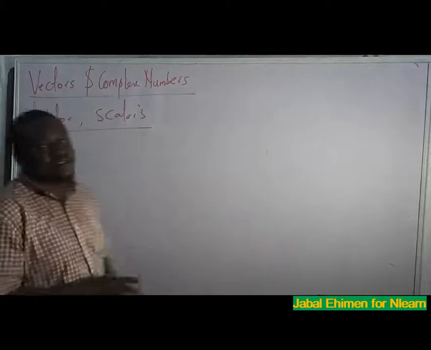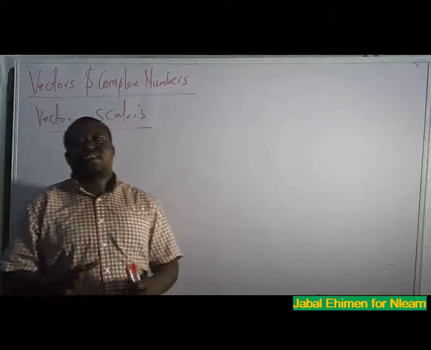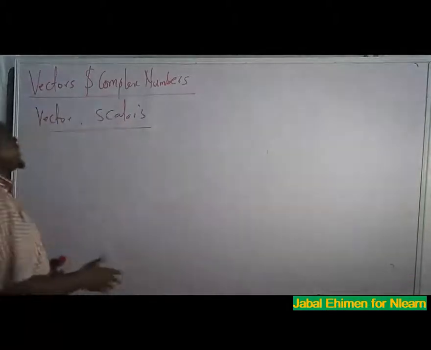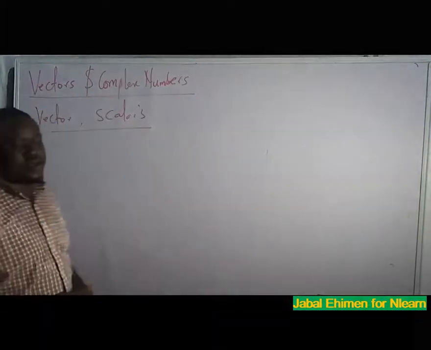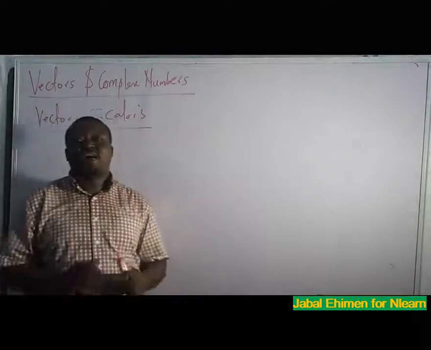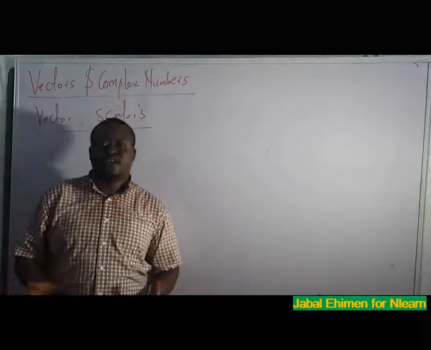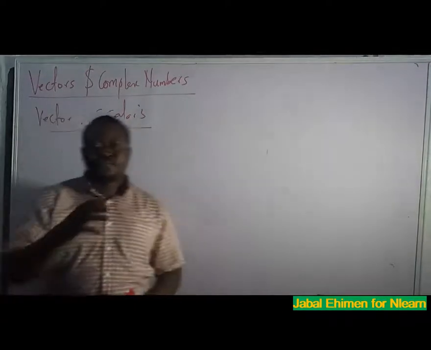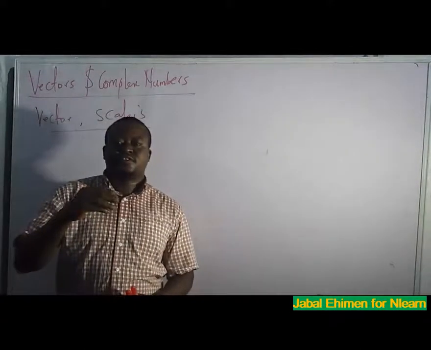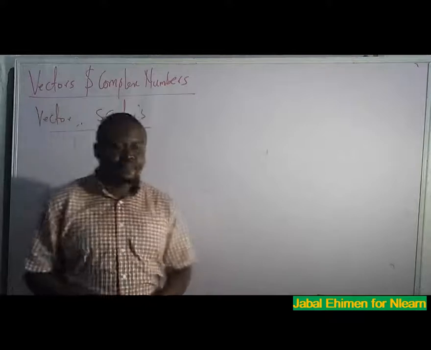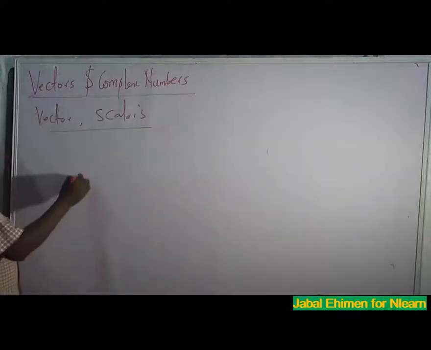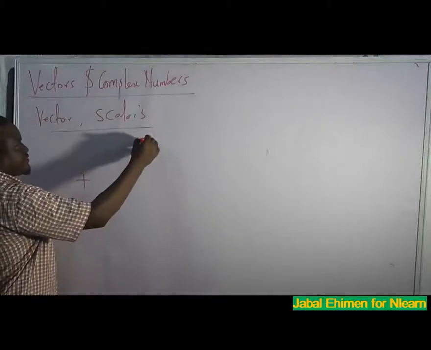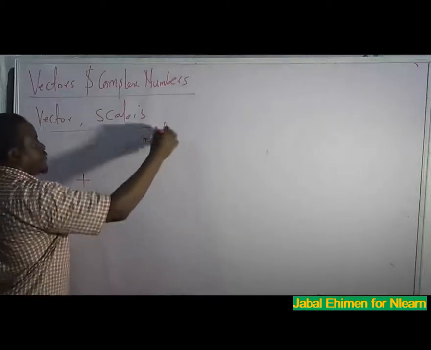A vector quantity is a quantity that has both magnitude and direction. But a scalar quantity is that quantity that has only magnitude but no direction. If, for example, I am standing at a particular point, and there is a market here where I'm going to.